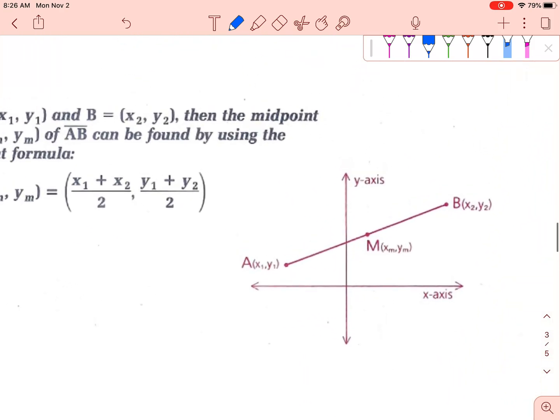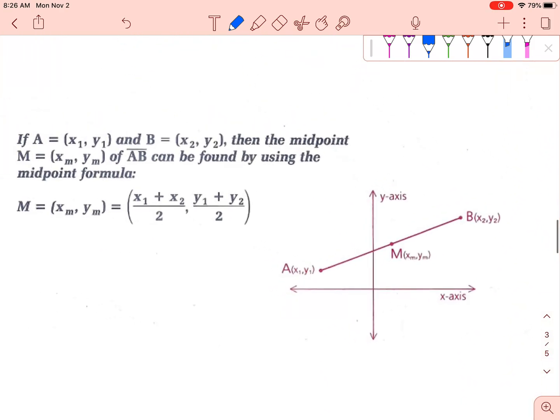So if you look right here, I took it off of the x-axis and we put it as two-dimensional in the x and the y-axis. So now we don't want to just find the middle of the x's, we also need to find the middle of the y's. And we do so the same way, okay? We take a look at our x's, we add them together, and we divide by 2. And this is apparent right here. You add the x's together, divide by 2. And you do the same thing for the y values.